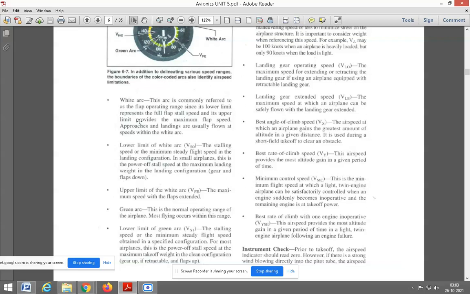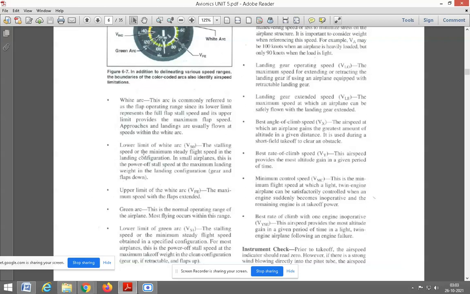In the white arc, the lower limit acts as the full flap stall speed, and the upper limit provides the maximum flap speed. For the lower limit and upper limit of the white arc, the explanation is given.